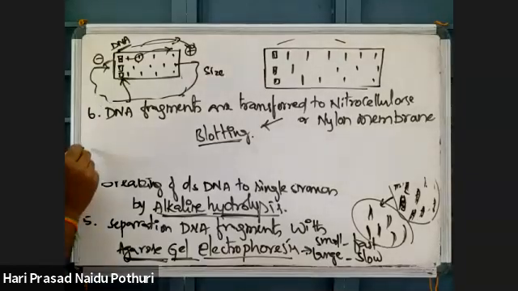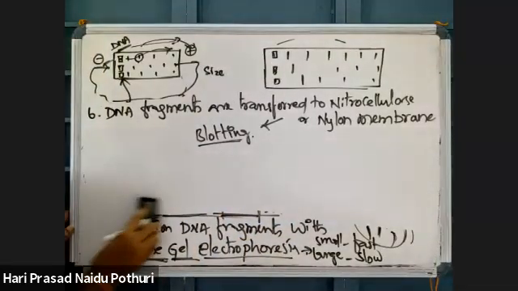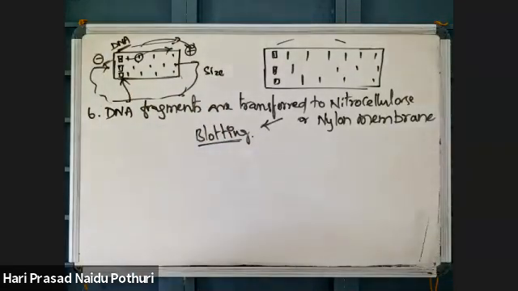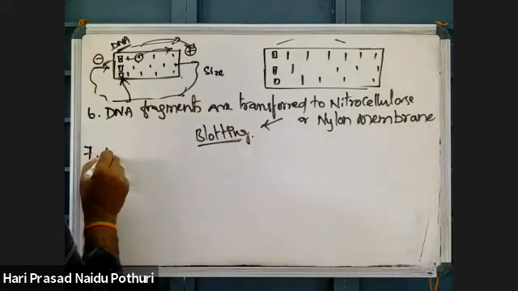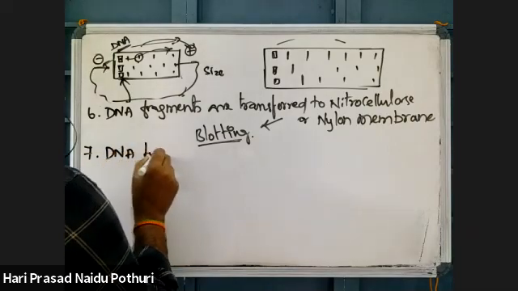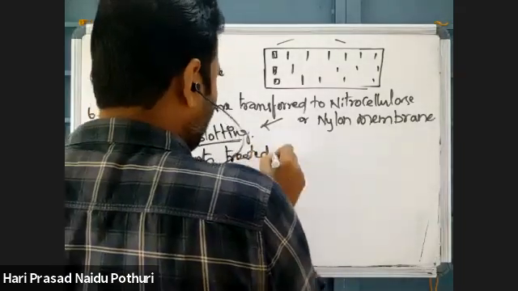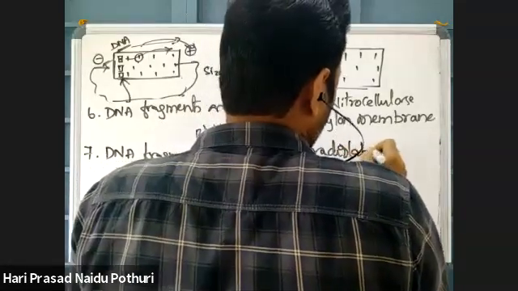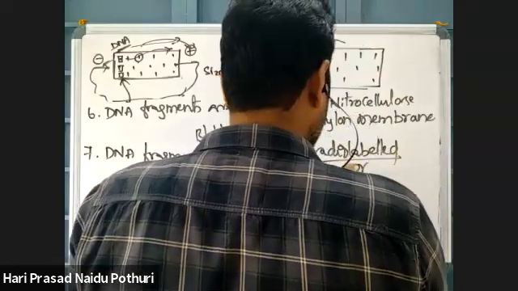Okay. Then after transferring the DNA fragments from the agarose gel plate onto nitrocellulose filter paper or nylon membrane, the DNA fragments are then treated with another DNA fragment whose sequence we know, called a radio-labeled DNA probe.